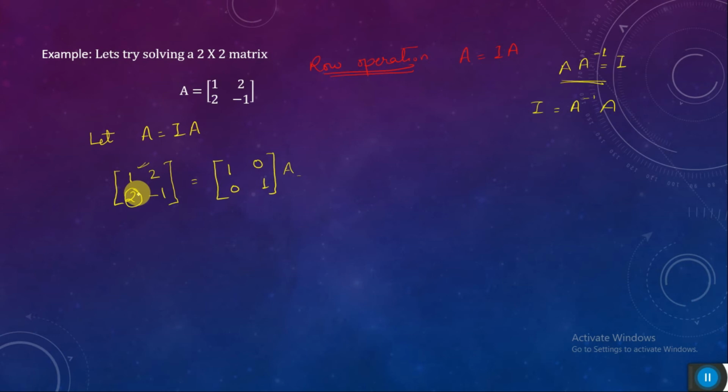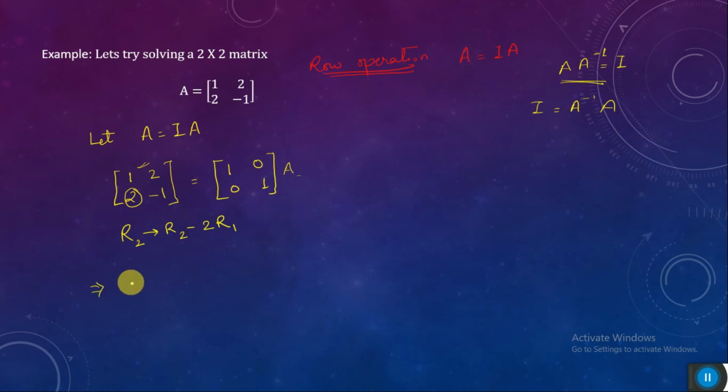Without multiplying directly, I cannot do row 2 minus 2. Remember, I cannot do row 2 minus 2. I need to multiply row 1 with something and subtract from here. That is why we make here 1, so that we can use 1 to make others 0. So row 2 tends to row 2 minus 2 times row 1. Clear?